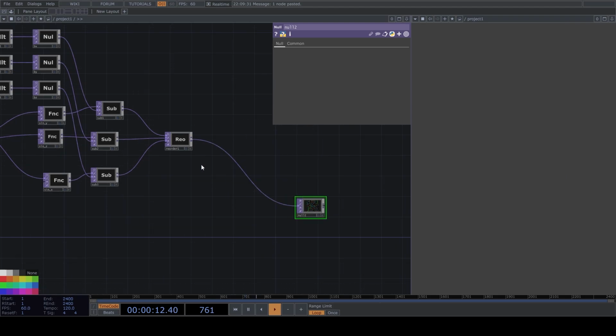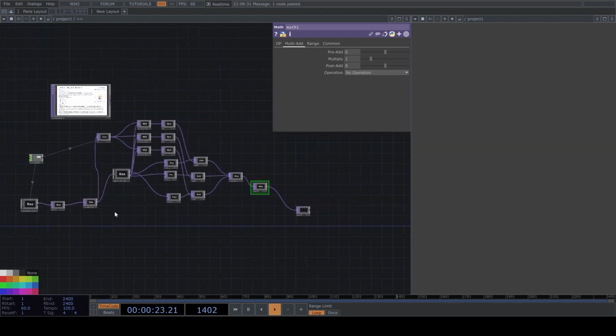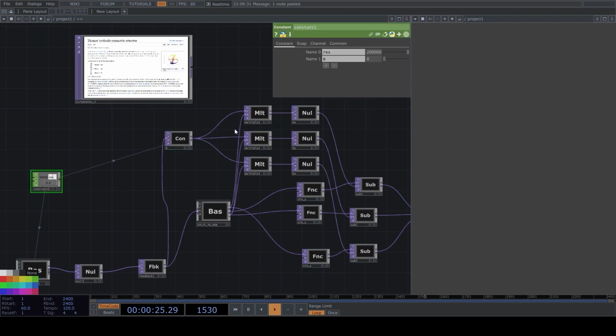So we could just build a math here and multiply by a certain value here. We could even write it here.